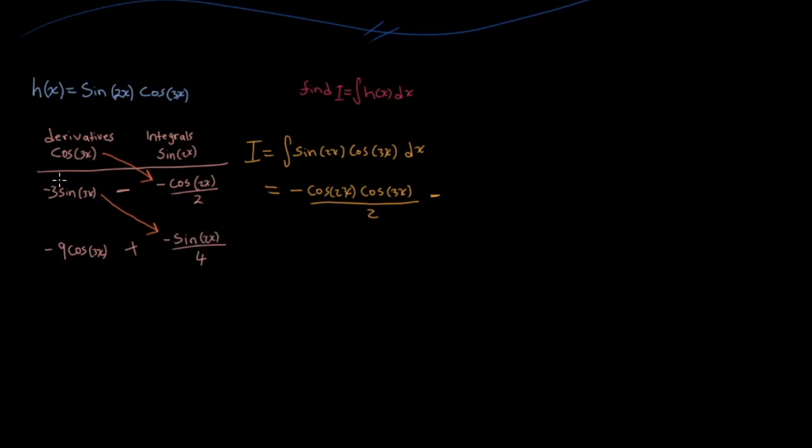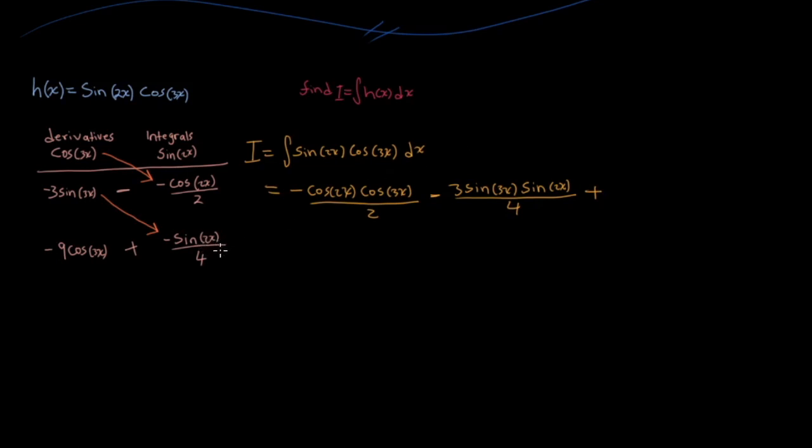These two negatives cancel out, so it'll be a positive 3 sine 3x times sine 2x divided by 4.